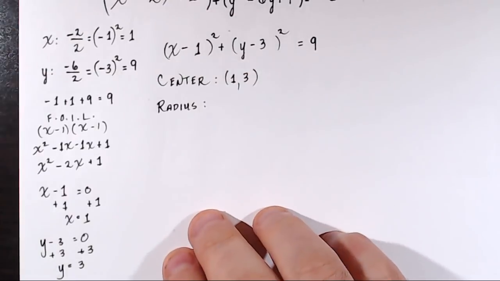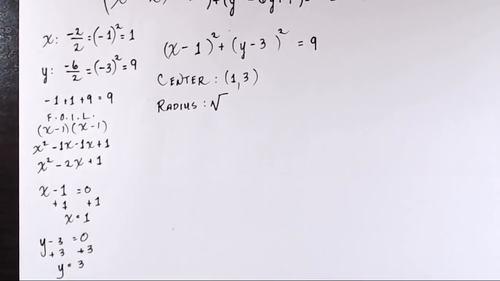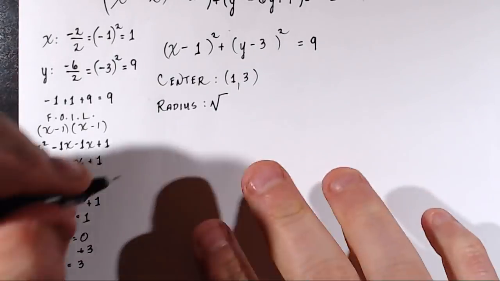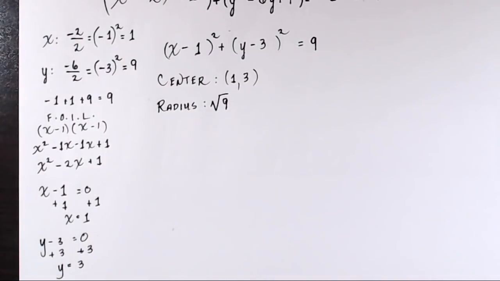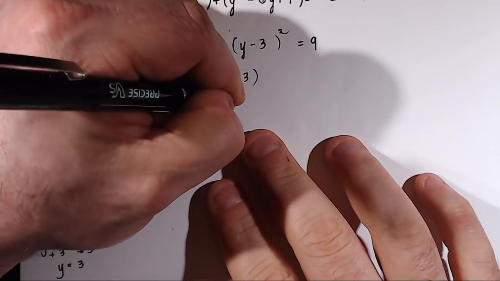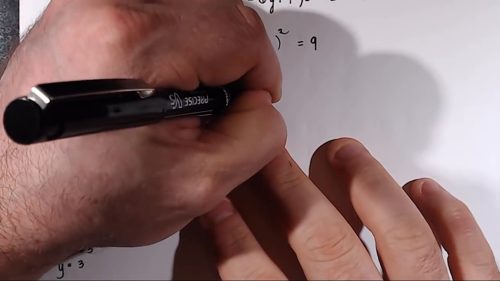Now, what is the radius? The radius is equal to the square root of the right side of the equation. So I'll take the square root of 9. And in this case, I'm only interested in the positive result. If we take the square root of 9, that equals plus or minus 3.